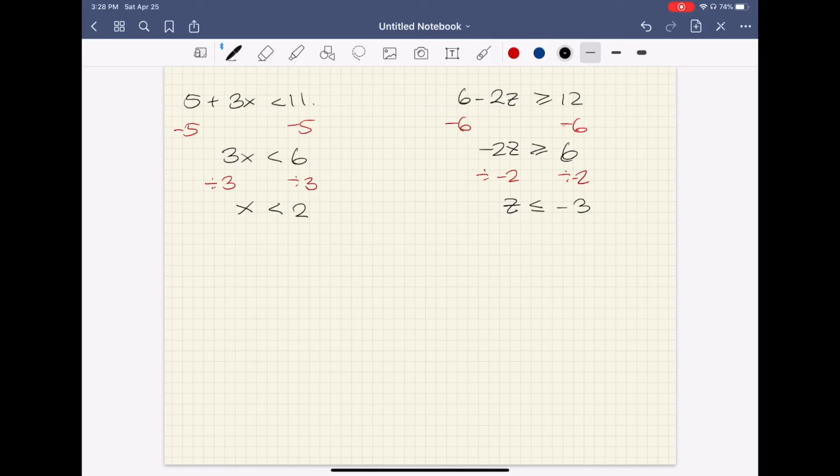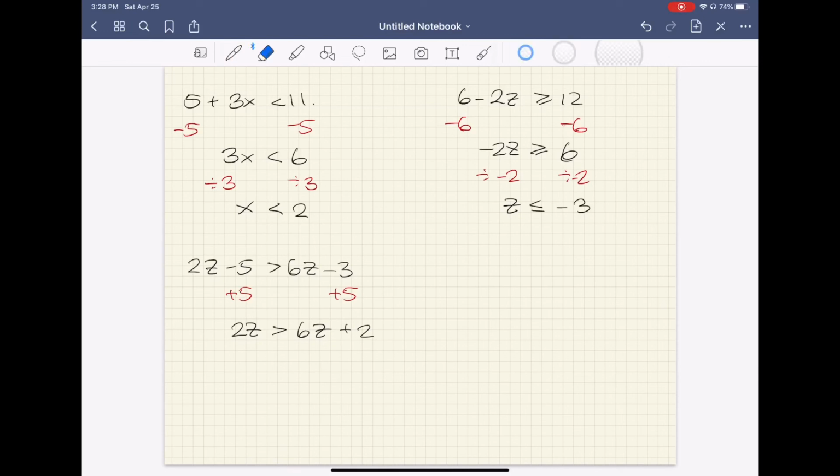All right, let's do 2 more. 2z minus 5 is greater than 6z minus 3. I'll get rid of the 5 first by adding 5 on both sides. So that'll be 2z greater than 6z plus 2.